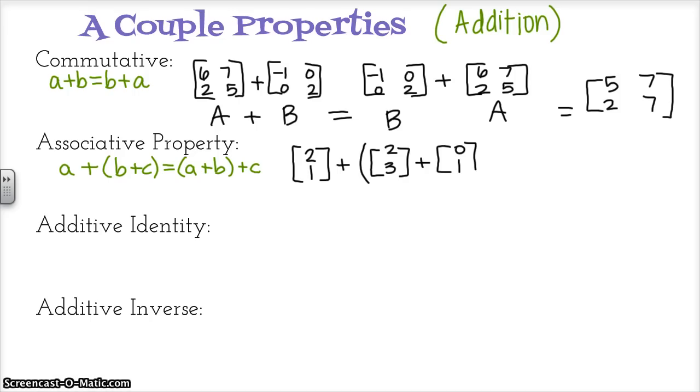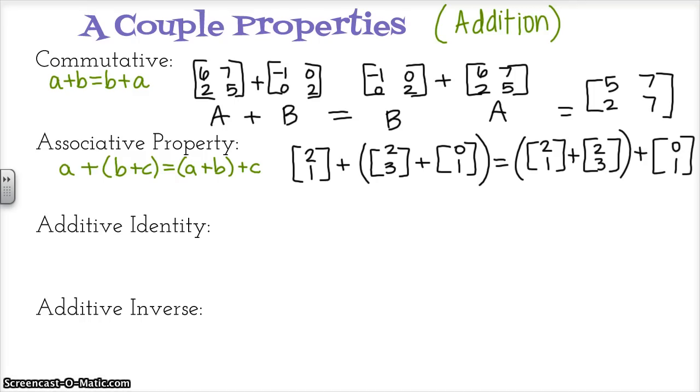We would do the stuff in the parentheses first. This is going to be the same even if we do these two matrices and then finish with that. You're going to get the same result, no matter how you group your matrices A, B, and C. Whether it's B plus C and then you add A, or A plus B and then you add C. It's the associative property. Okay?